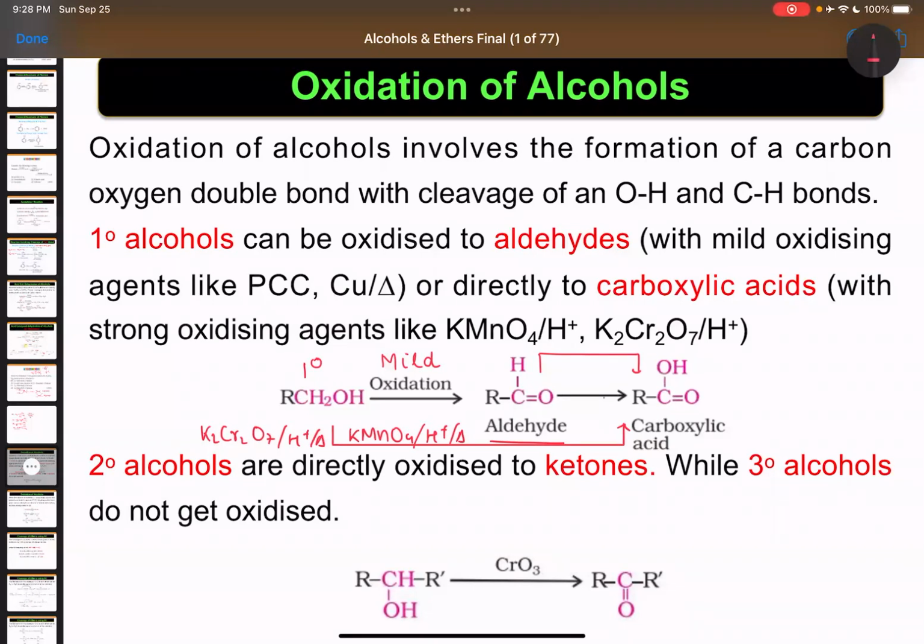So what are mild oxidizing agents? Tell me. Samira, Hanifa. KMnO4, K2Cr2O7. No, those are not mild oxidizing agents.